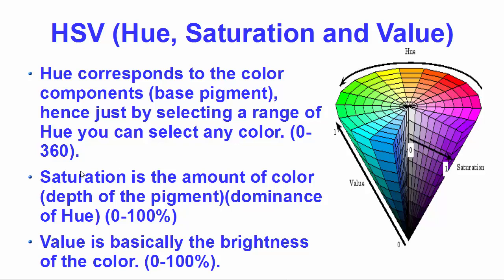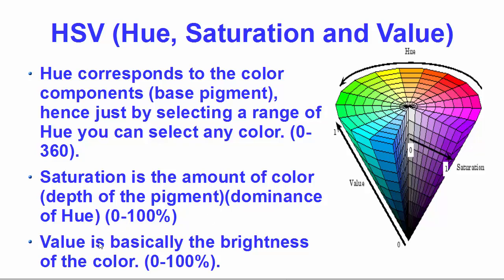Now we have saturation. Saturation is the amount of color, that is the depth of pigment or the dominance of hue. This value is described from the center towards the outer layer of the cone. At the center saturation starts at 0 and it can go up to 1 at the end of the cone, so saturation can be increased from 0 to 100%.